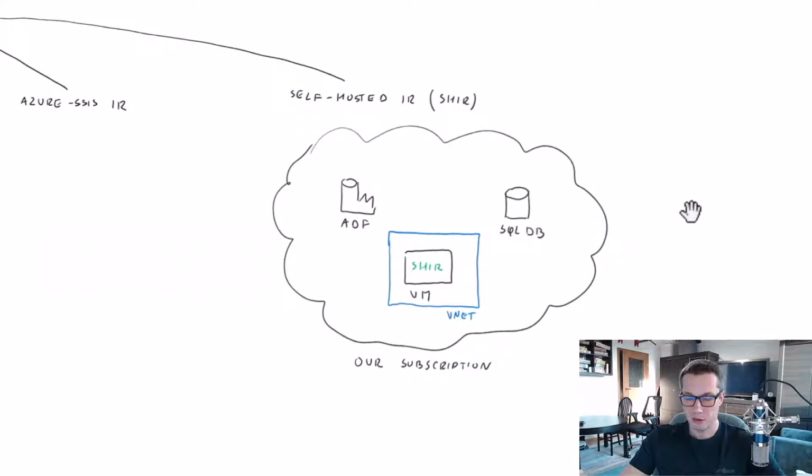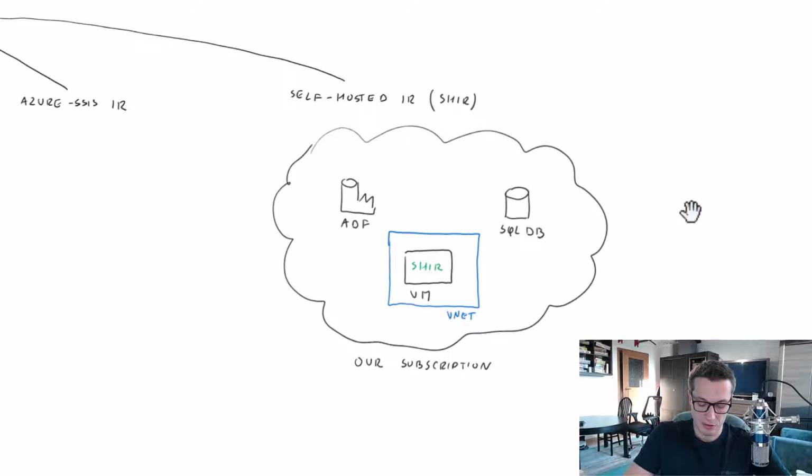All right. So what we did was to provision our virtual machine, and at this moment the self-hosted integration runtime is being installed on the VM. But again, once this runtime is installed, it won't be usable yet by our instance of Data Factory, because what we'll have to do is to associate or register this runtime with our Data Factory.